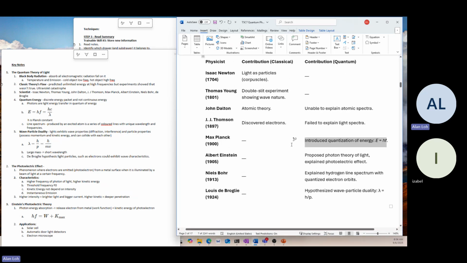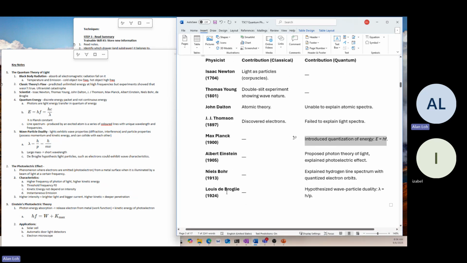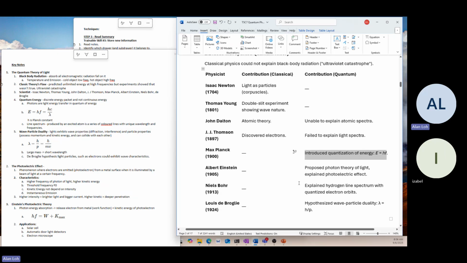And then moving on, all these very smart top scientists contributed continuously towards quantum physics. That's why we are sitting here today in the morning to learn quantum physics. Right. That's all you need to know.